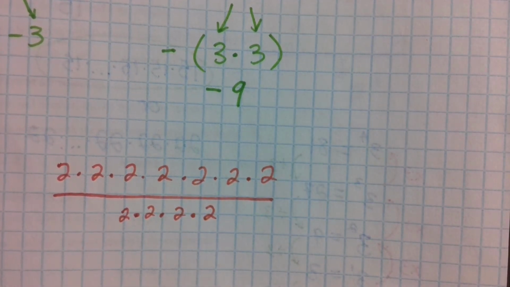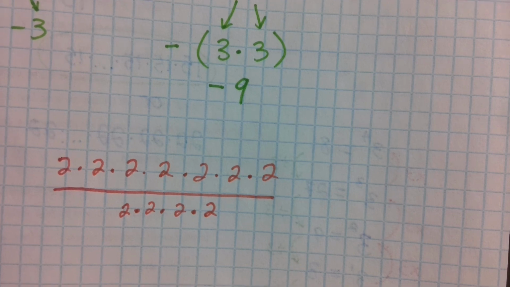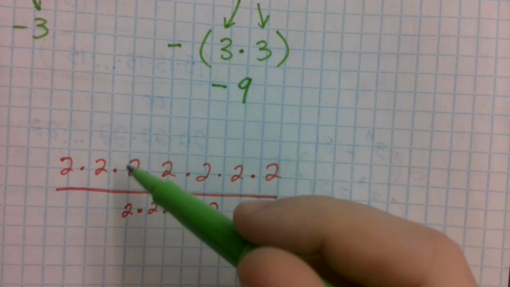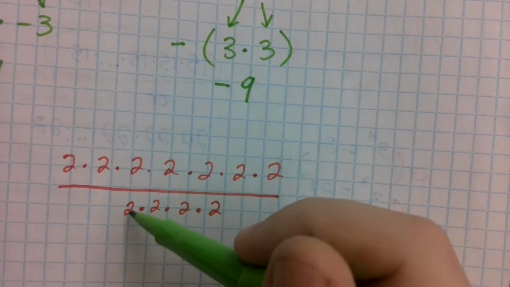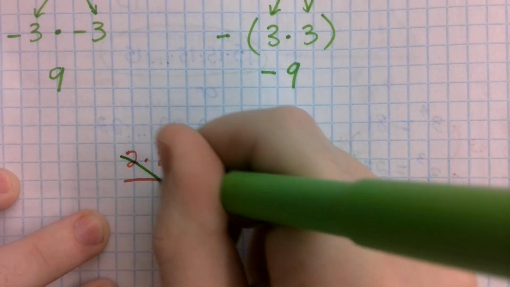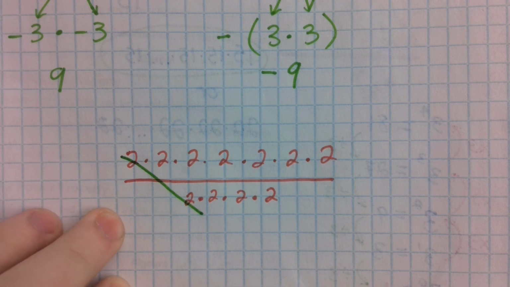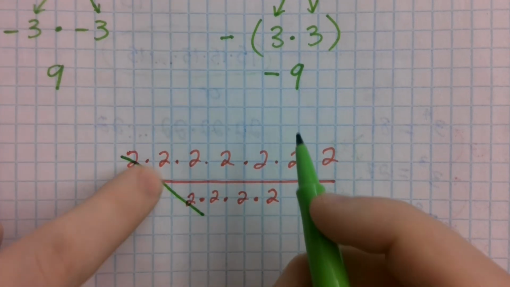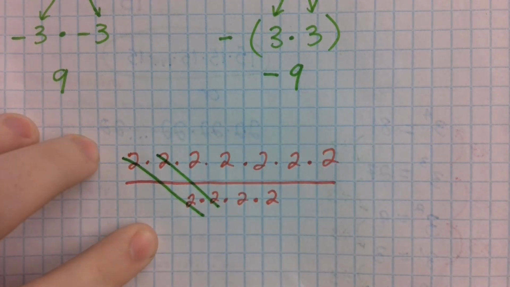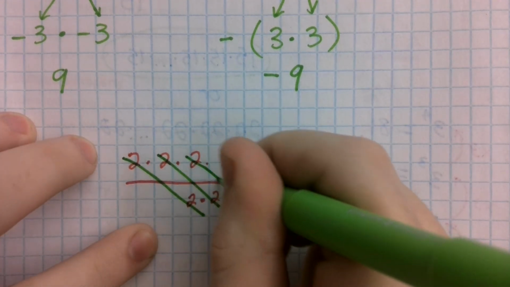When you have things in a fraction, or when you are dividing, you can cancel out like terms because multiplication and division are inverses, right? So in other words, if we're multiplying by 2 up here, but then we divide by 2, we can cancel those out. So we can cancel out these 2's right here. But we also have multiplying by 2 and dividing by 2 again. So we can cancel out these 2's, and again, and again.